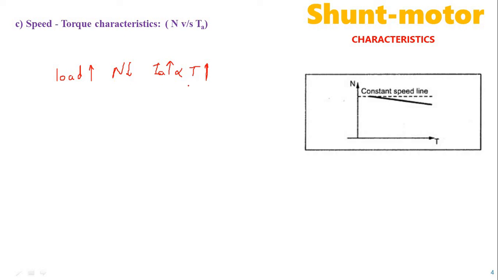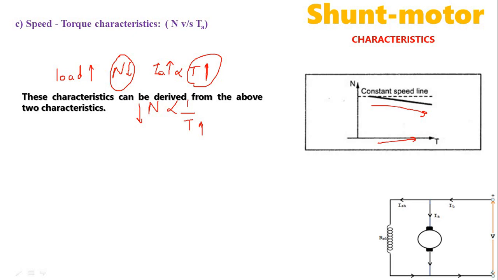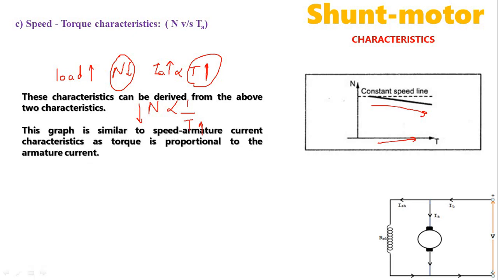So if torque increases, speed is going to decrease. So speed is inversely proportional to torque. If the torque increases, speed decreases. So this will be the same as the speed versus armature current characteristic.